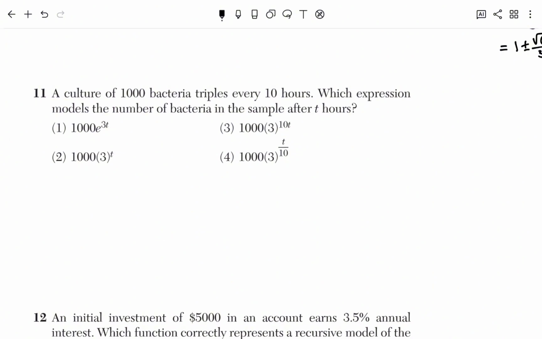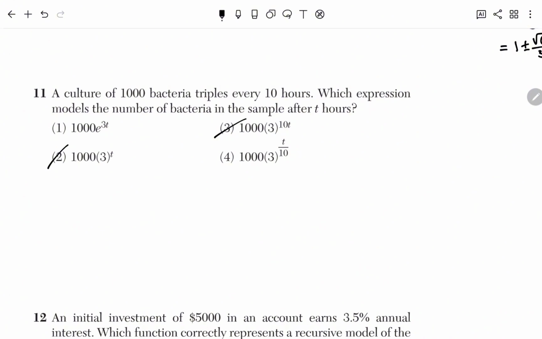So, in 10 hours, it would have tripled, right? So, we can't multiply the hours by 10, so we can eliminate answer choice 3. Answer choice 2 does not acknowledge the condition that says every 10 hours, so we can eliminate answer choice 2.